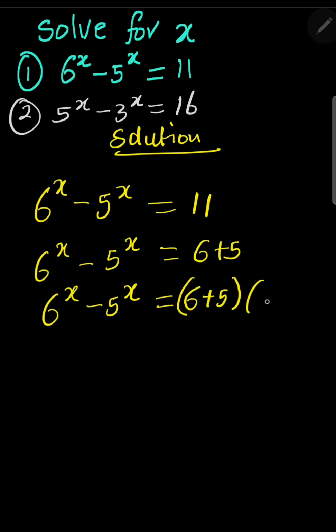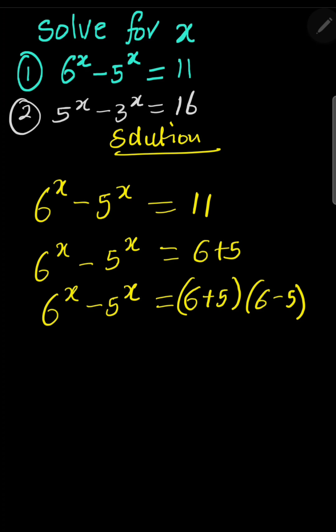So we can multiply by 6 minus 5. Because when you simplify the whole of this term in the right hand side, we are still going to get 11. But our focus is to try to make sure the right hand side will be in the same format with the left hand side. Because 6 minus 5 is going to give us 1. 1 multiplied by the whole of this bracket is going to give us back this 11.